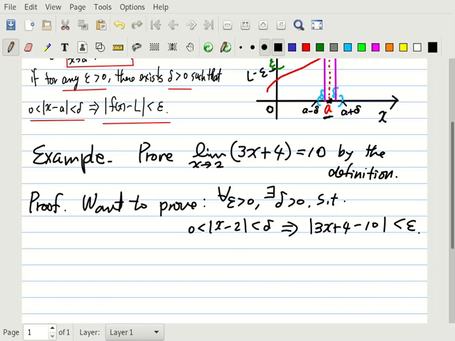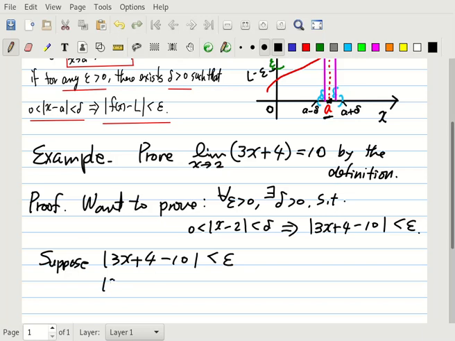So what we do is suppose that 3x plus 4 minus 10 is less than epsilon.